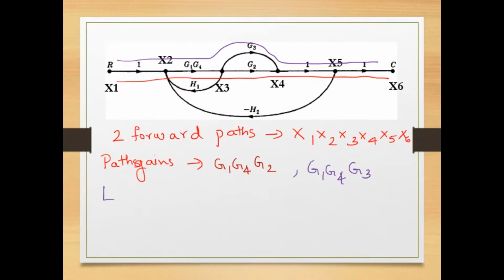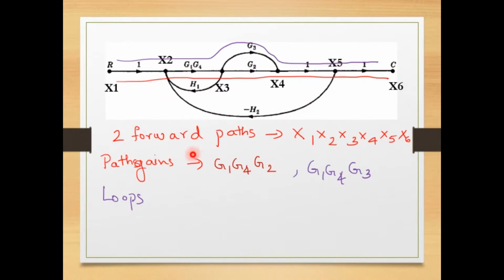So how many loops do we have here? You can observe, this is one of our loops, that is x2, x3 back to x2. Next is x2, x3, x4, x5 back to x2, and again x2, x3, x4, x5 back to x2 but with different gains.